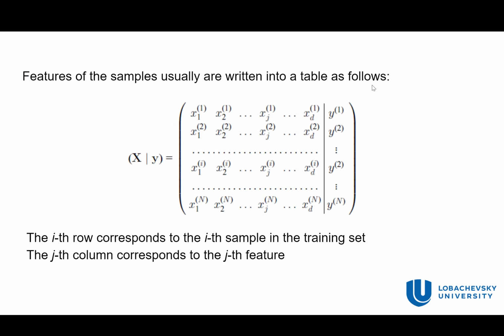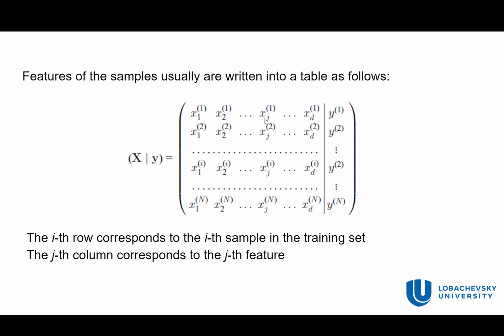And features of samples usually are written into a table as follows. This is an X matrix. Each row corresponds to a sample in the training set, and each column corresponds to a feature. For example, this is the first feature of the first sample, this is the second feature, and so on, and this is the last feature of the first object.